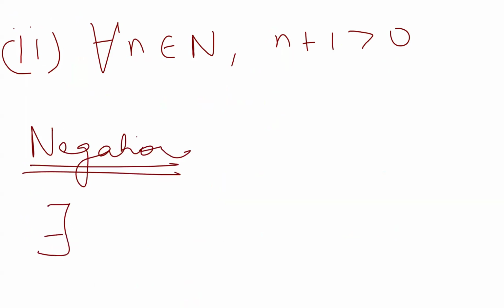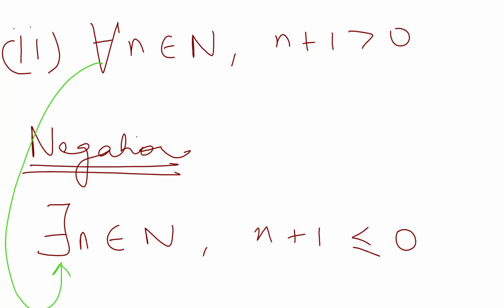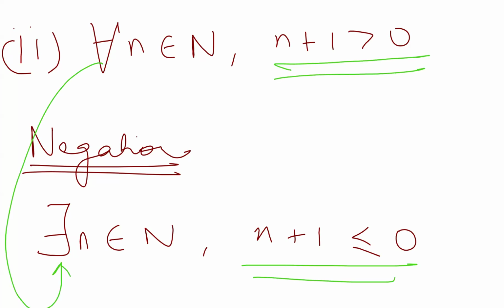For all changes to there exist, n belongs to N, n plus 1 less than or equal to 0. Concept is, for all changes to there exist and negate this. The opposite of greater than is less than or equal to.